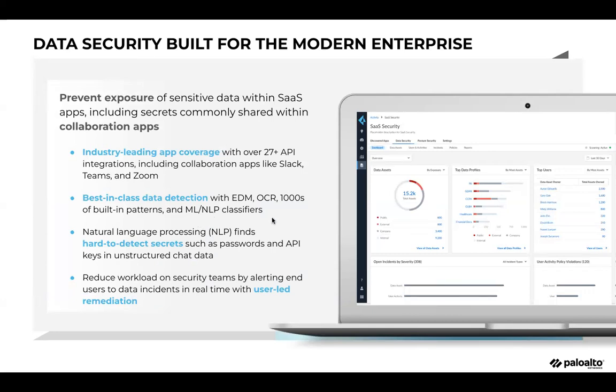We recently also introduced custom document types, where you're able to upload your own documents for fingerprinting and then use that in conjunction with any other patterns. And the last is we understand a typical enterprise will have lots of users that will want exceptions to some of these. So we also support user-led remediation. So if something happens, you can configure in policy whether it can be overridden by the user for legitimate business reasons or not.